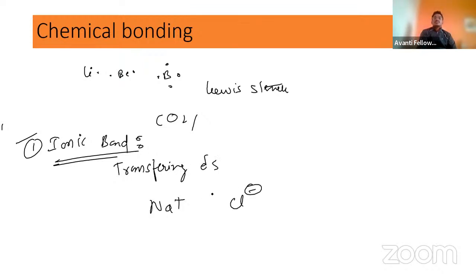Sodium is completely transferring its electron to chlorine. That's why a charge has been developed between sodium and chlorine. So there is a transfer of electrons between sodium and chlorine.